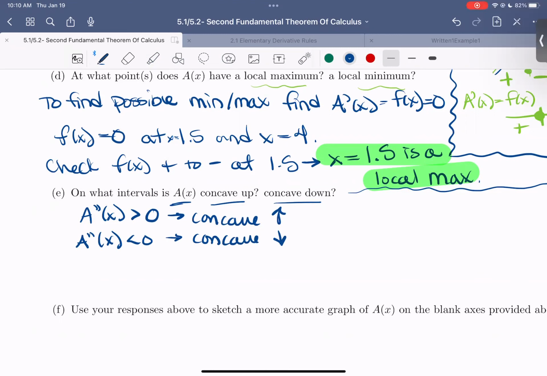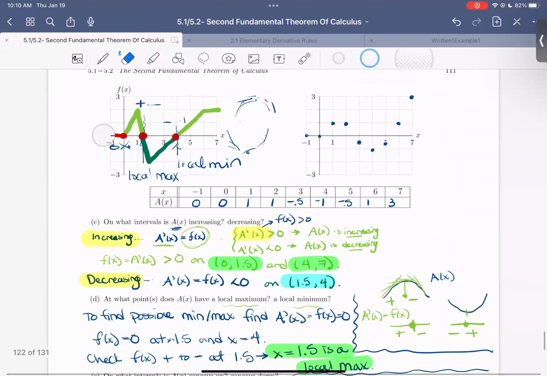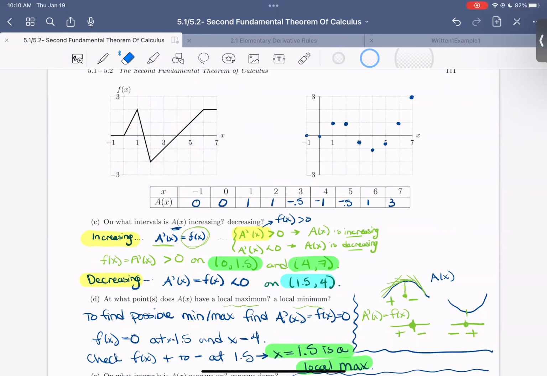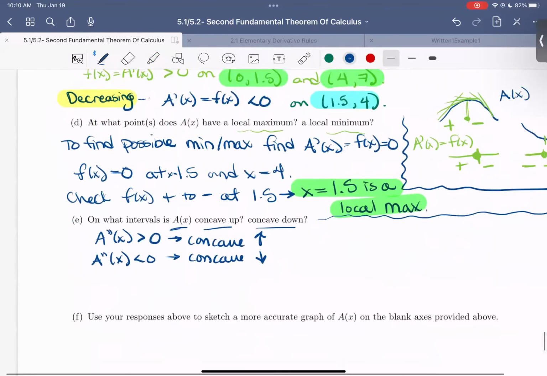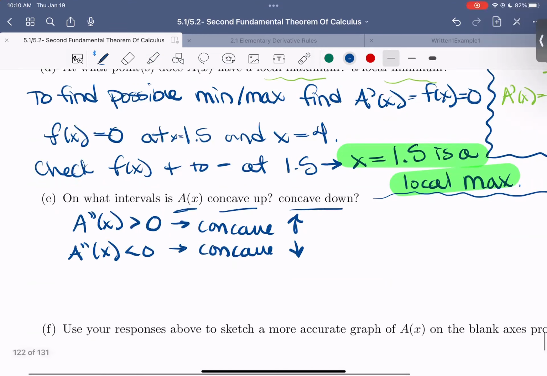So we don't have the second derivative, though we could compute the derivative of f by looking at our function f. But we can also read or interpret what this second derivative sign means. So if the second derivative is positive, that means that when we had the derivative, we were increasing. I'm going to add some more equivalencies here.